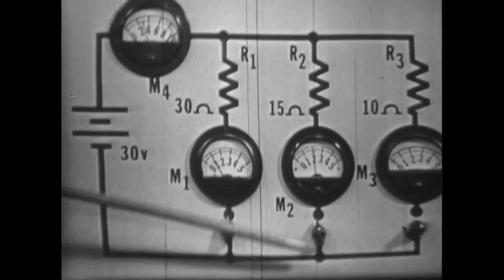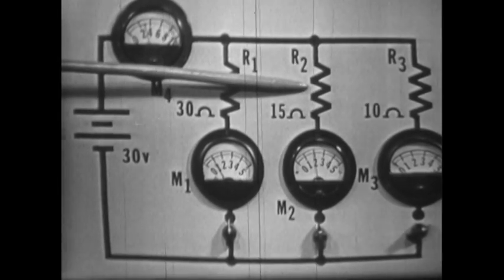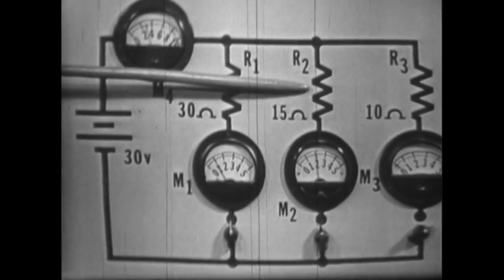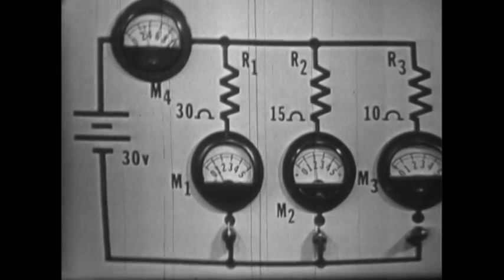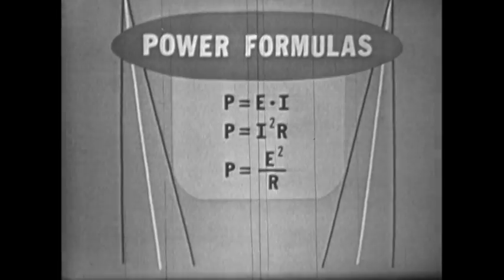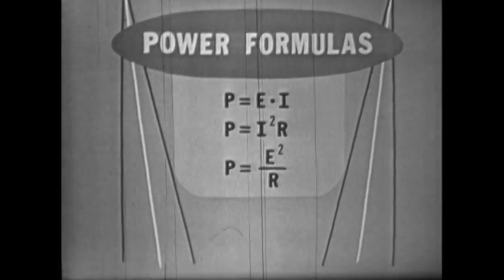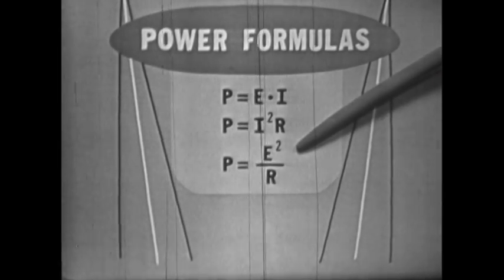With this branch in the circuit, let's now determine the power dissipated by resistor 2. Again, we have the necessary facts, so we can use the power formula we choose. For branch 2, let's use the E squared divided by R formula.